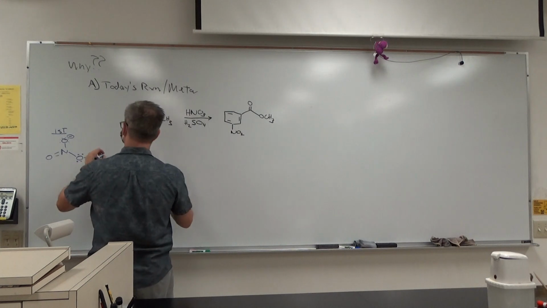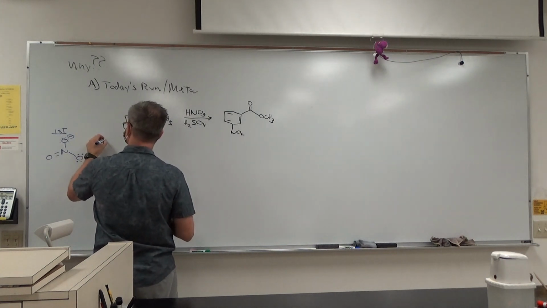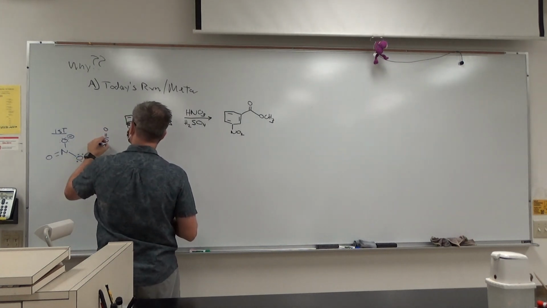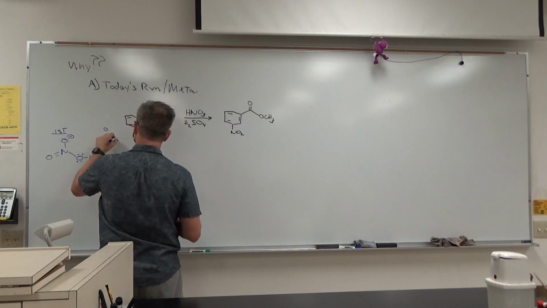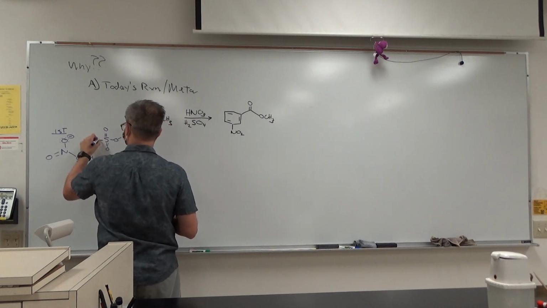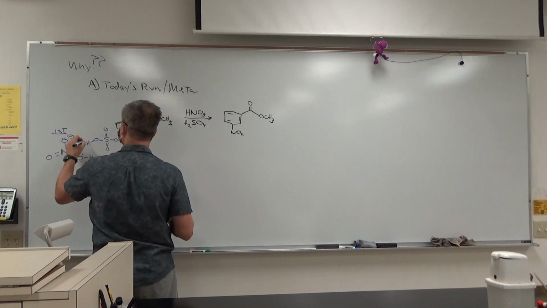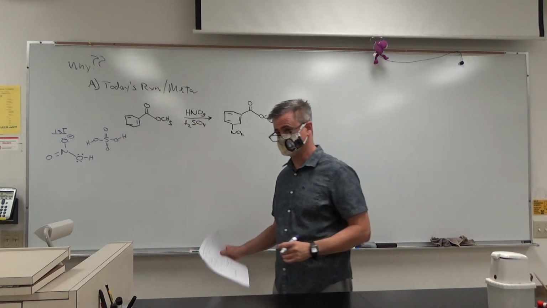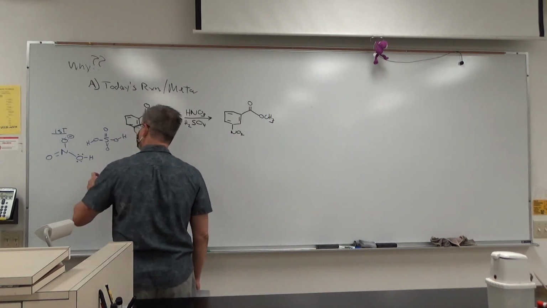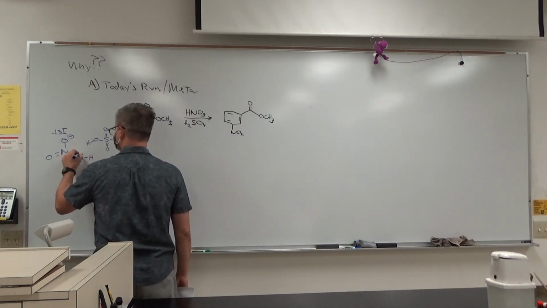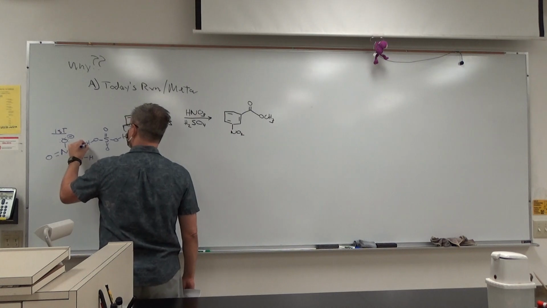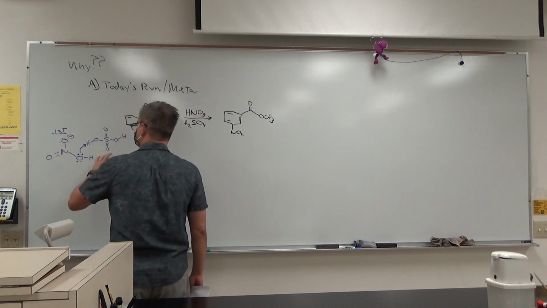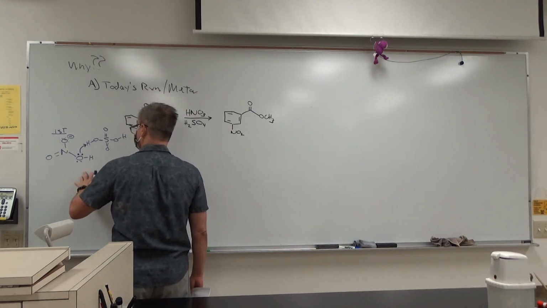I'm doing the way that is most commonly shown, or maybe it's not even shown in your textbook anymore. I'm not sure. But I'm drawing it the way that it's most commonly expressed. I don't love it, but I want to be consistent. So the sulfuric acid can protonate this guy.